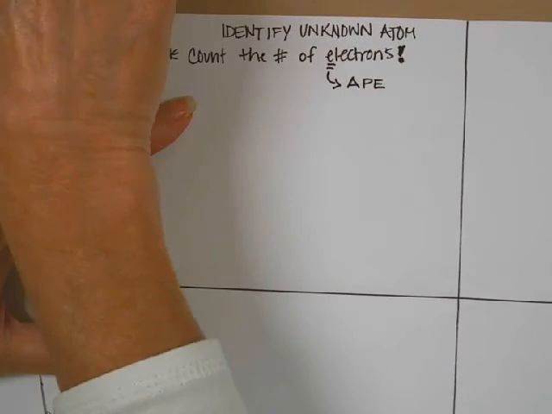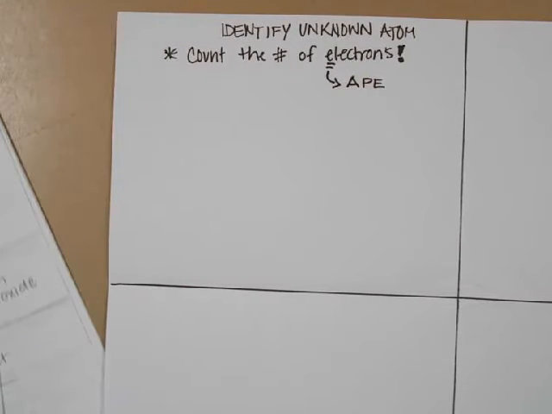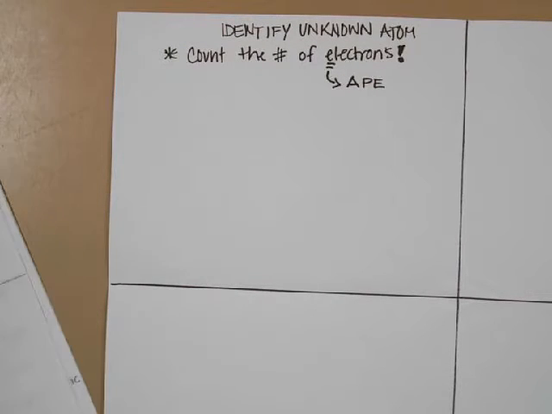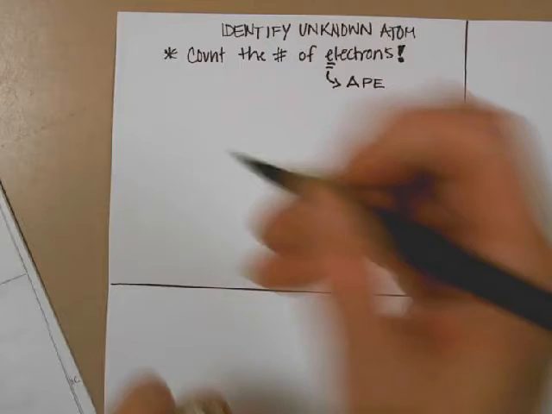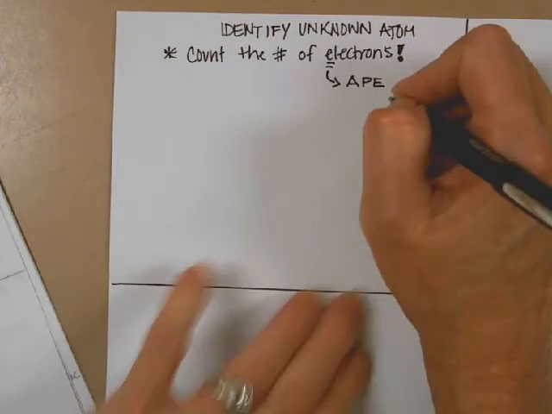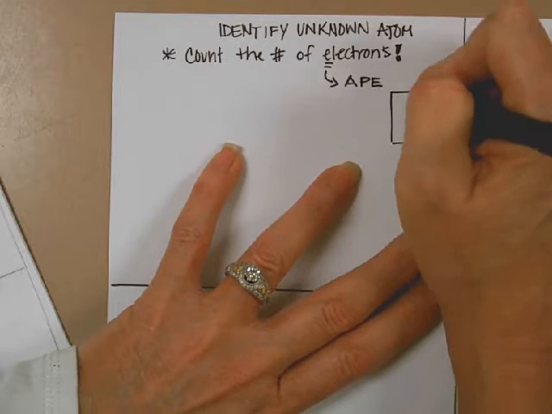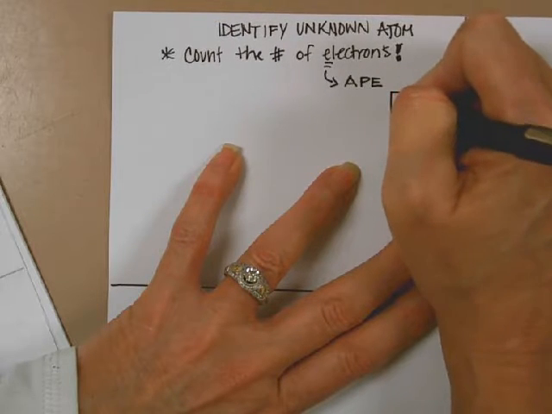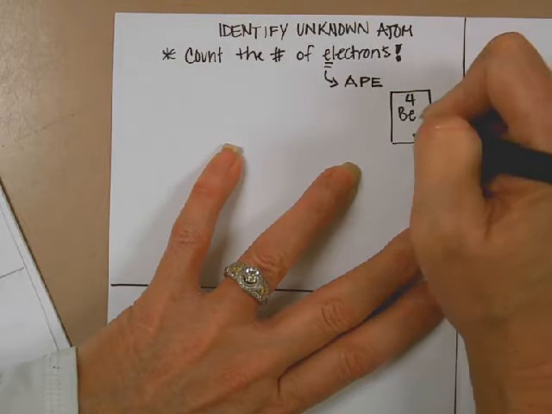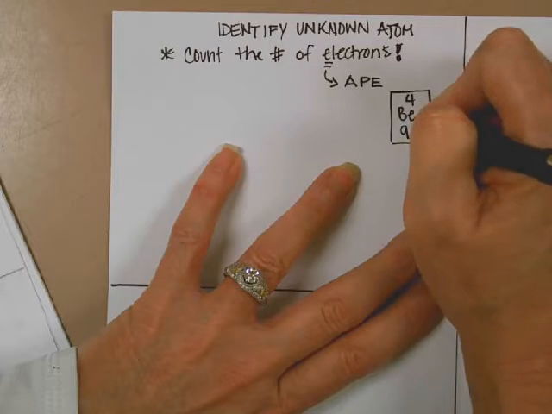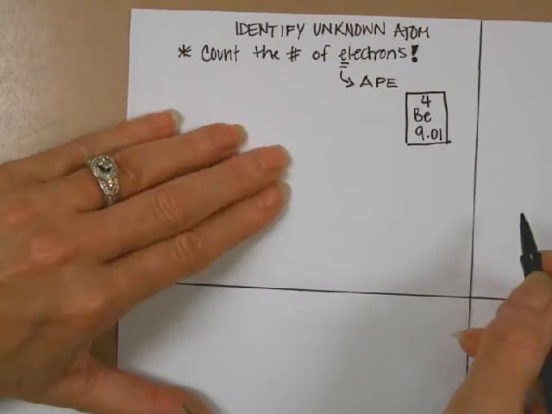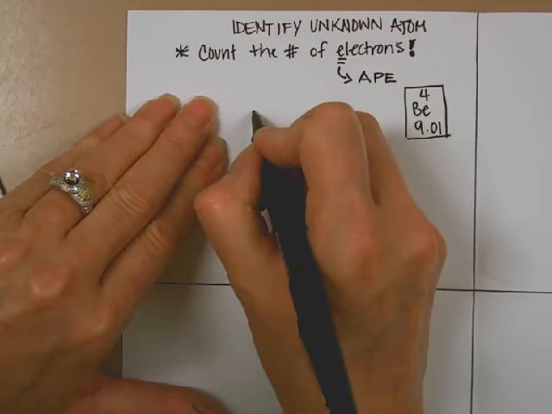So for example, if we have beryllium, it has an element key that looks like this, and 9.01 rounds to 9. And then you had an atom that looked like this.